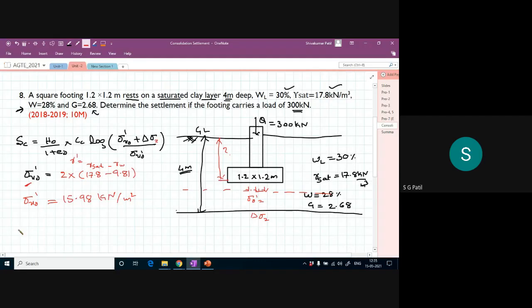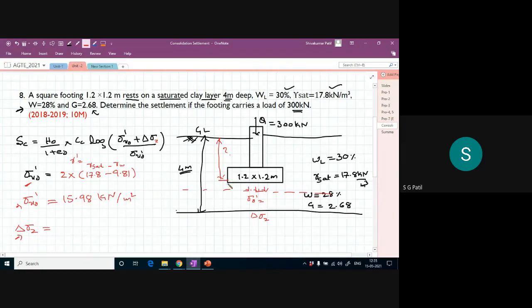Now I have to calculate my delta sigma z. This sigma naught is nothing but the stress before putting your footing. This delta sigma is the increase in stress because of my footing. To calculate that, I have many options. Either I can use Boussinesq's theorem, or Westergaard theorem, or the approximate method.